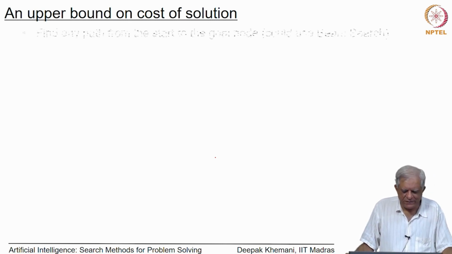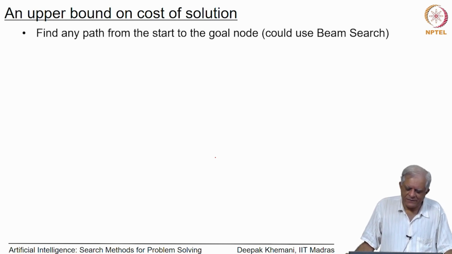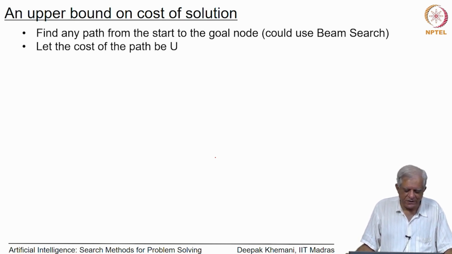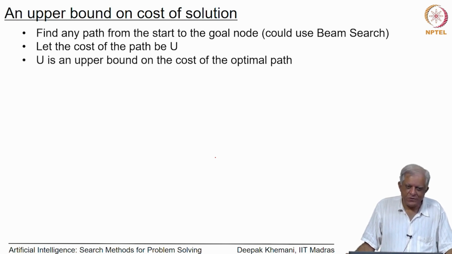So, how can we find an upper bound? Simply find any path from start to the goal, and you could use the beam search algorithm. It may not return the optimal path, but it will return a path. So, once you know that there is a path to the goal node, let the cost of that path be u, and you can see that u is an upper bound on the cost of the optimal path.